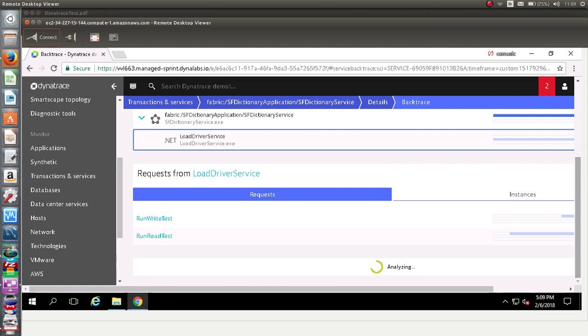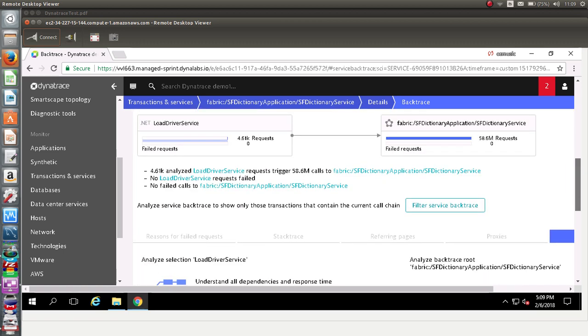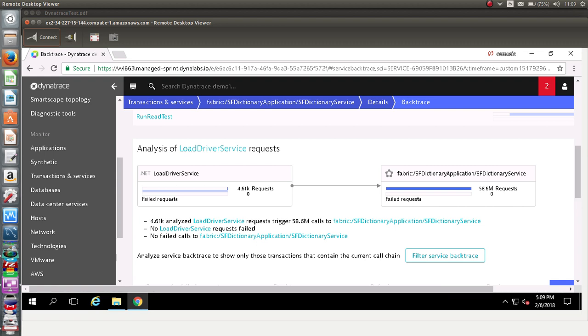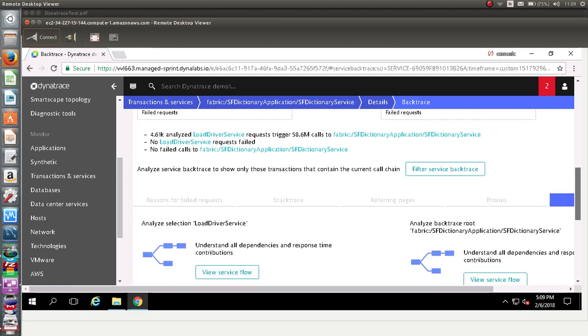the service that is calling the SF dictionary service, and we can see how the request behavior is, what the failed requests are from the load driver service to the SF dictionary service, what is happening with that.